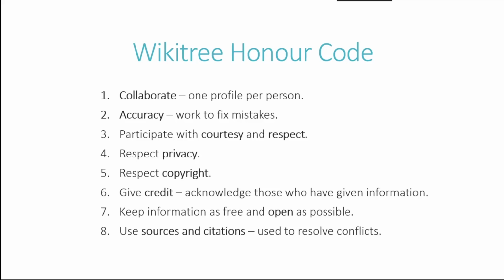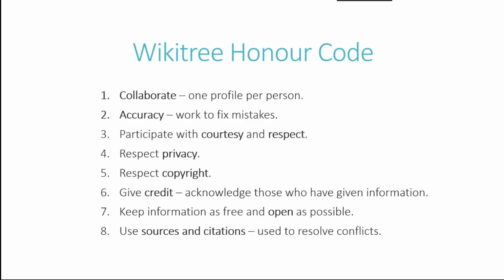On accuracy, I mentioned that it aims to be the most accurate tree that exists. So you must work to fix mistakes. If someone contacts you with a potential mistake in your tree, you must be open to making changes if they can be justified. And there are ways in which they will look at the information to make sure that it is the most accurate.